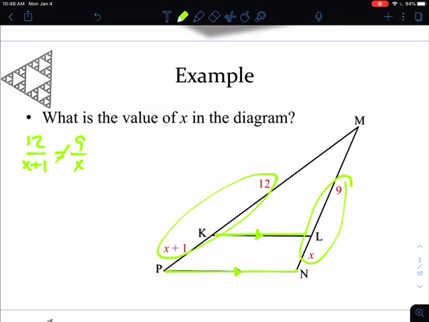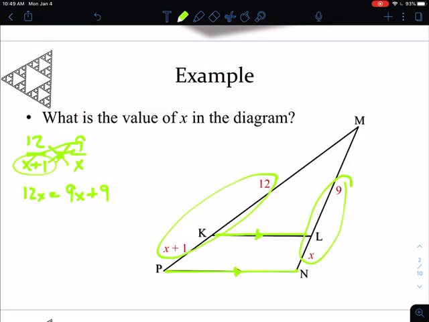And now I can cross multiply, and we've been doing this for the entire chapter, so 12 times x is 12x. When I go to cross multiply on the other side, I've got 9 times x plus 1. I have to make sure I do the 9 times x and the 9 times 1. So we've got to be really careful here. We get 9x plus 9.